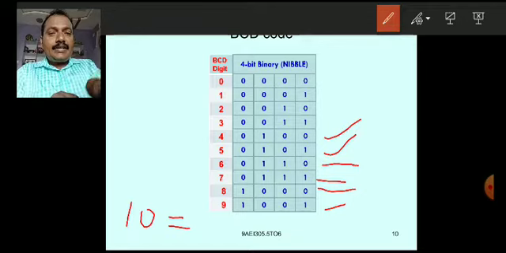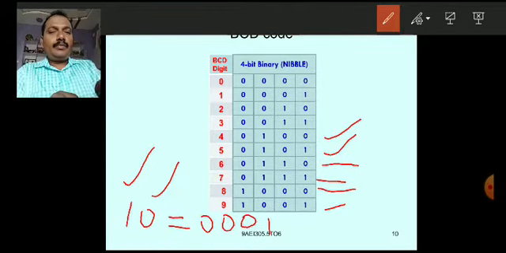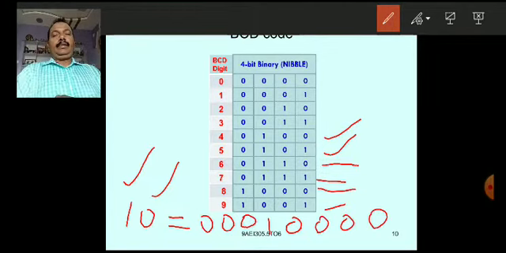You have to write each digit's 4-bit BCD code. 1 means 0001, and 0 means 0000.